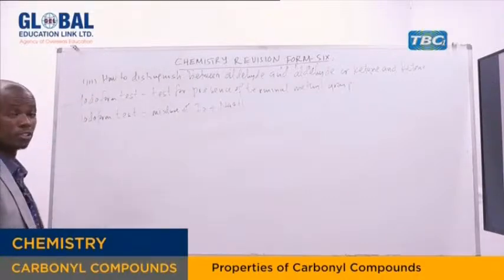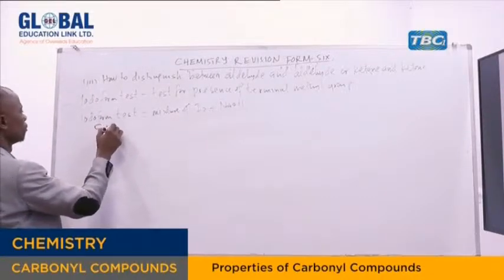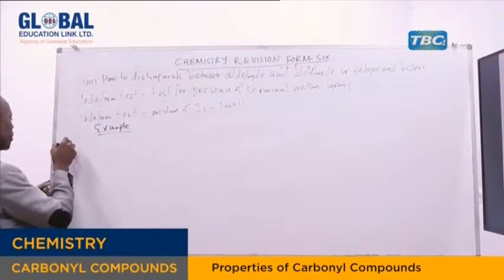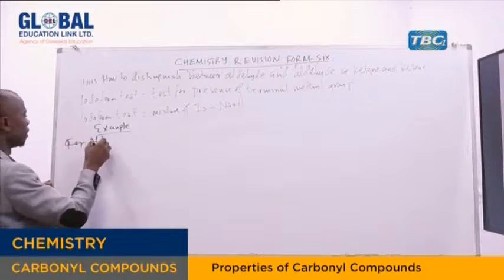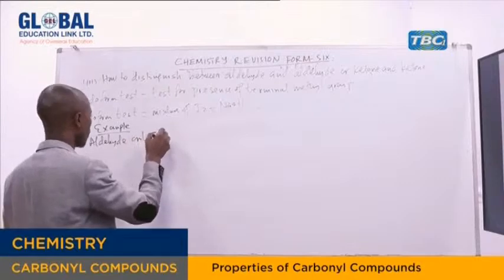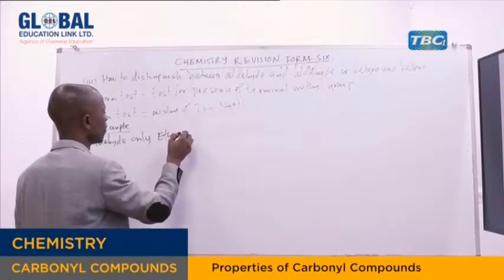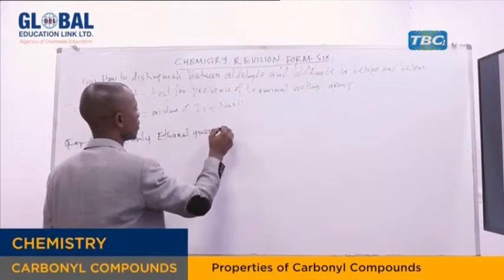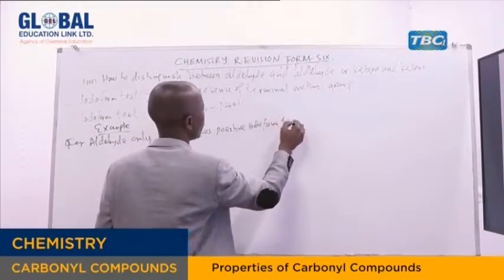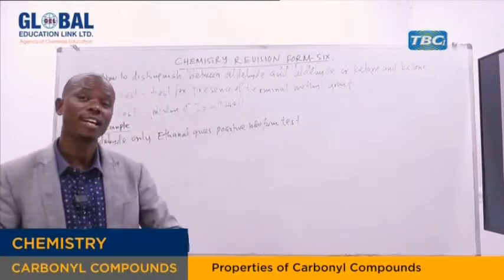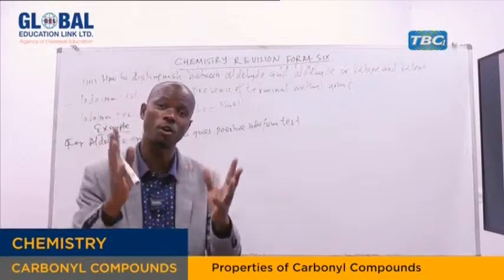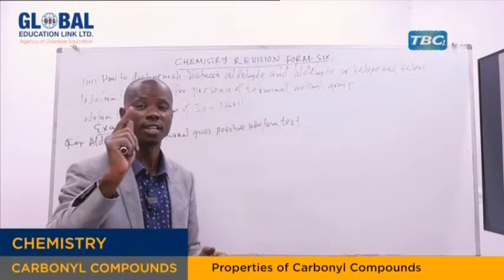Now, for example, for the case of alcohols, only ethanol will give the positive iodoform test, because it is the only one which contains the terminal methyl group.